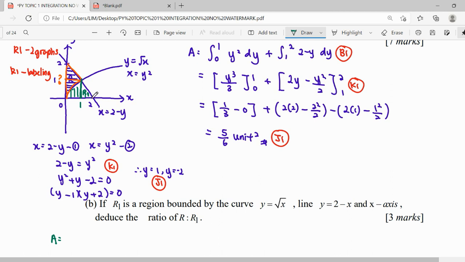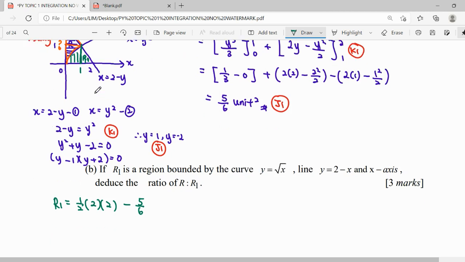So we can use this big triangle minus the part that we already found. For this R1, region 1, I will use the whole big triangle. The triangle area will be 1 over 2, base is 2, height is 2. So 1 over 2 times 2 times 2, minus the region R that we found, which is 5 over 6.